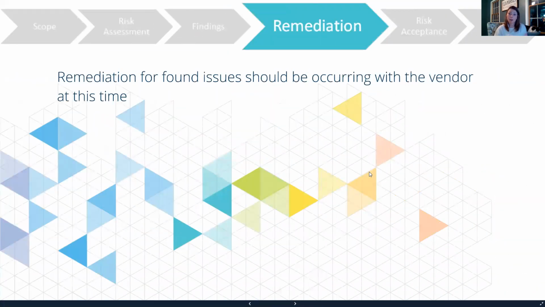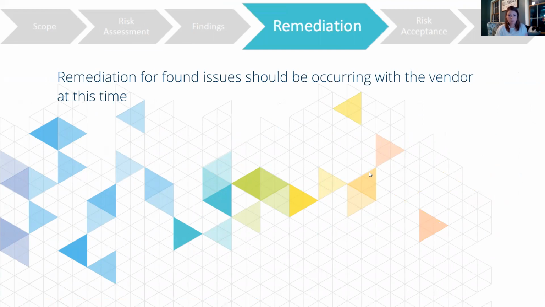So once you have items found, you can sometimes get the vendors to remediate, depending on how much you want to push on that. Organization may opt not to push on vendors remediating and rather documenting it through a risk acceptance form. It really depends or comes down to what the finding is and how risky that is to your organization.